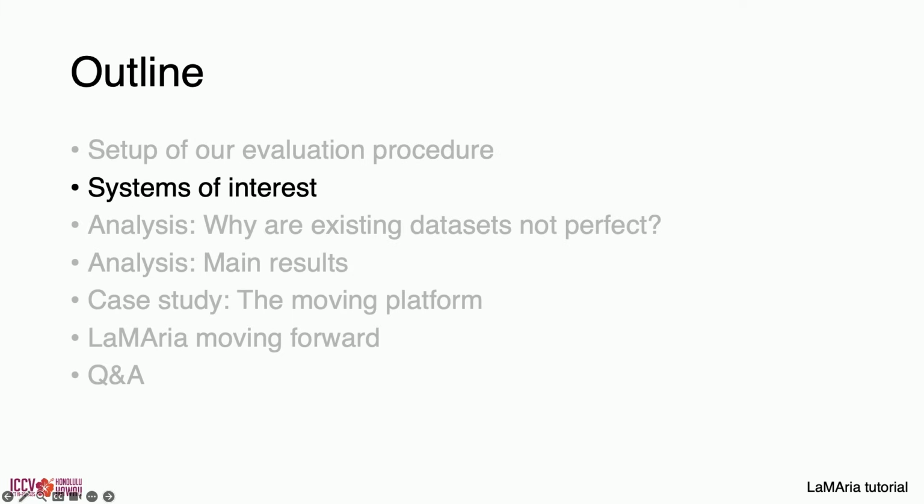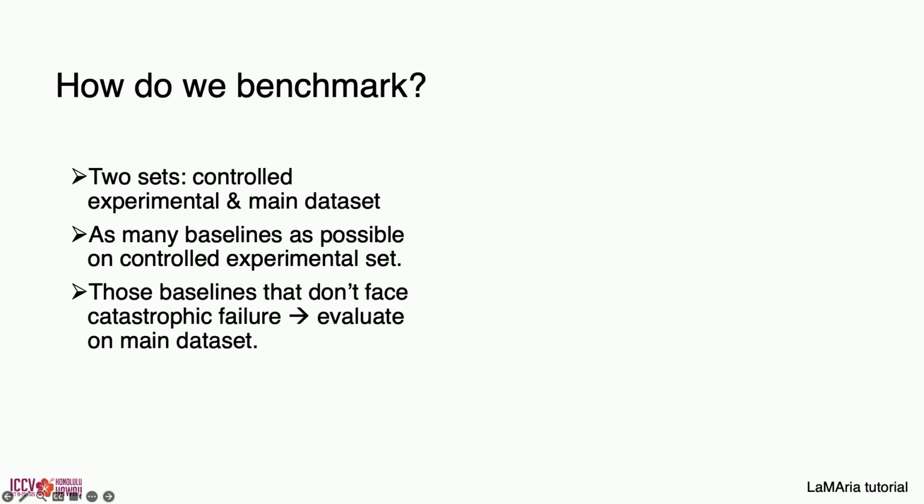So this covers the setup of our evaluation, and now I'll briefly cover the systems of interest and which open source baselines we decided to evaluate. First, to recap how we benchmark: we have two sets, the controlled experimental set and the main data set. The controlled experimental set was set up so that we can figure out where these baselines are functioning, or if our setup of the baseline was incorrect. It was kind of our debugging set of sequences.